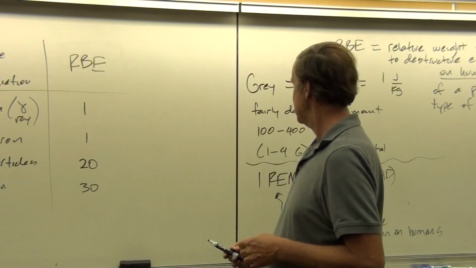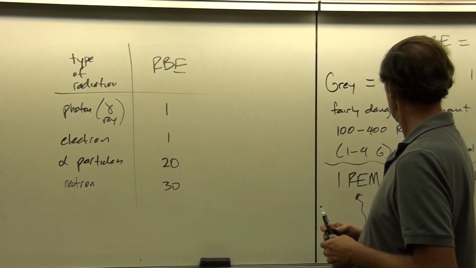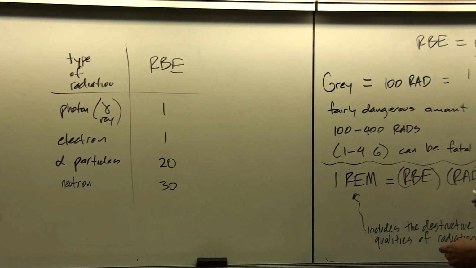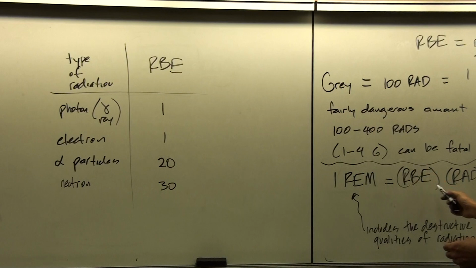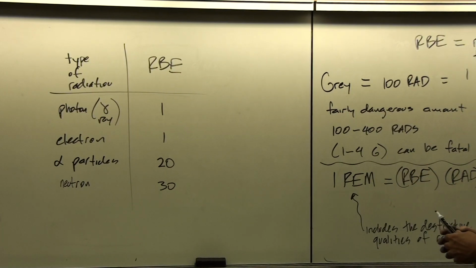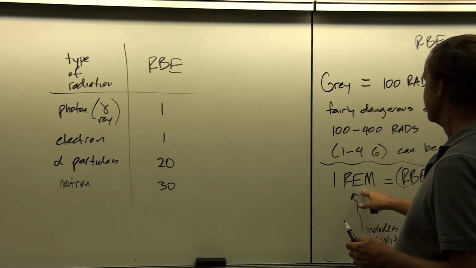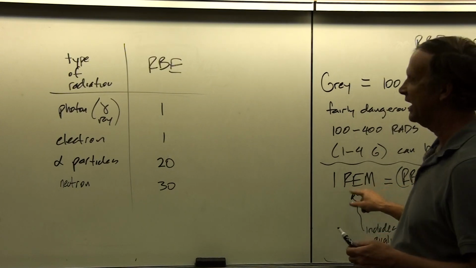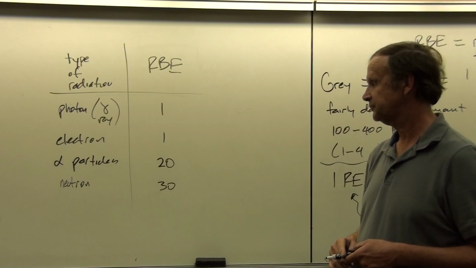So this is something to keep in mind when you're talking in terms of REM versus RAD, is that the REM includes the effect of the RBE, which means that this is essentially a scaled version of the RAD in terms of how much damage it does to the human body. Okay.